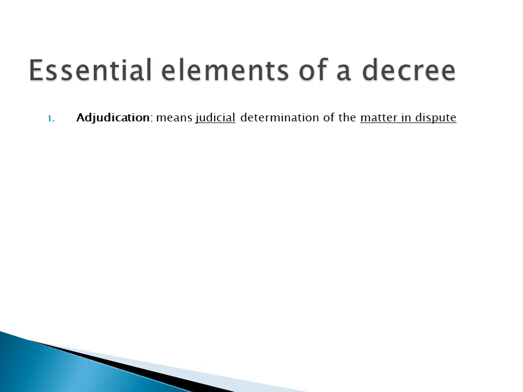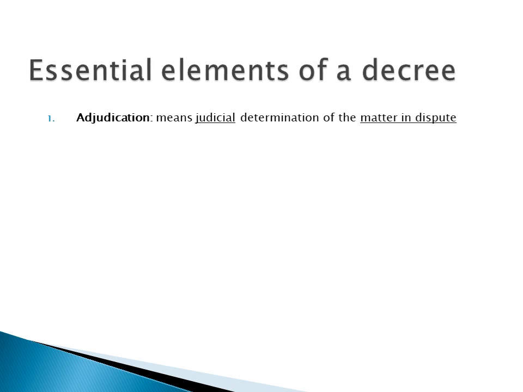It means judicial determination of the matter in dispute. Hence, if the decision is of administrative in nature, it cannot be considered as a decree. The adjudication must be about any or all of the matters in controversy in the suit.